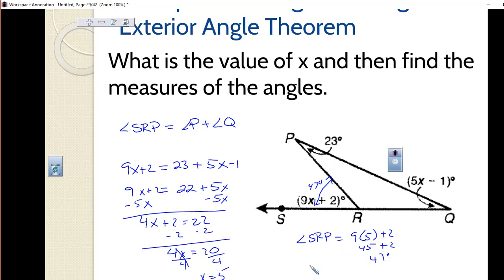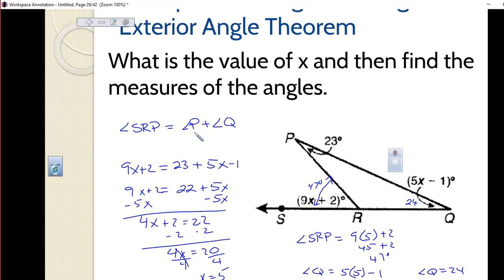So now, we know angle P, so we've got angle Q to look at next. That's going to be 5 times 5 minus 1. So 25 minus 1, and angle Q is equal to 24. So if this is 24, this is 23, add them together, that gives me 47, which is what we got here.